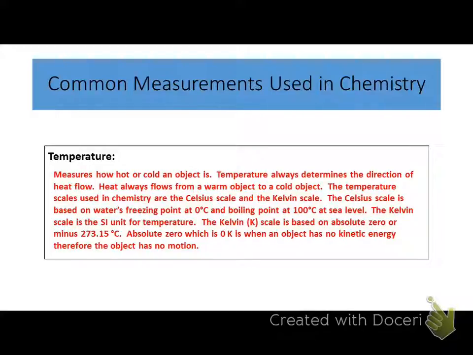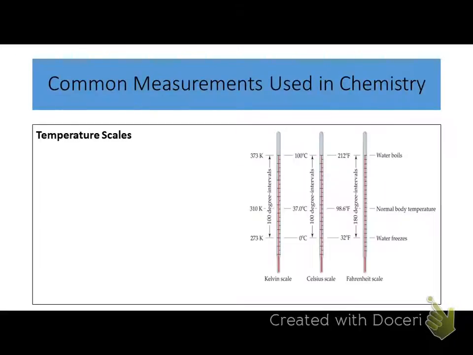So, if an object has 0 Kelvin, it has 0 motion, including no motion of atoms whatsoever, or of anything in that object. All right? That's sometimes hard to grasp. We've never reached that temperature. We've never measured something at 0 Kelvin. So it's a theoretical point, but we do believe it exists, and we believe that objects could essentially have no kinetic energy or no motion.